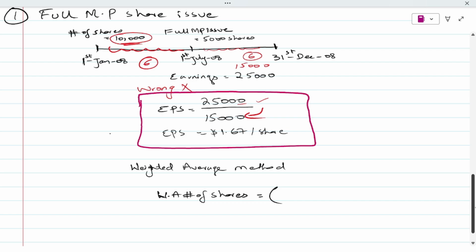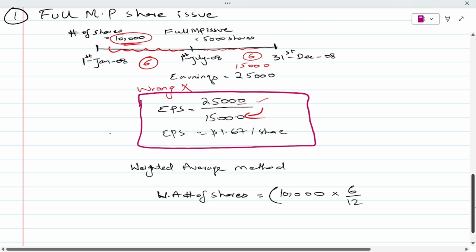It's very easy. First of all, if you look at the first 6 months from 1st Jan to 1st July, you can clearly see that the number of shares we had were only 10,000. So I'm going to write over here 10,000, times 6 over 12, because these were only for the first 6 months.